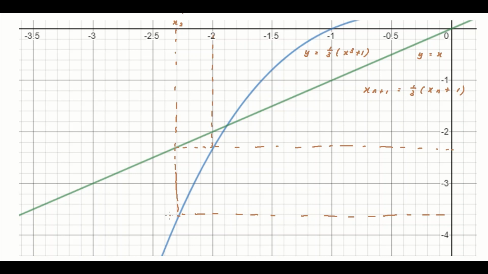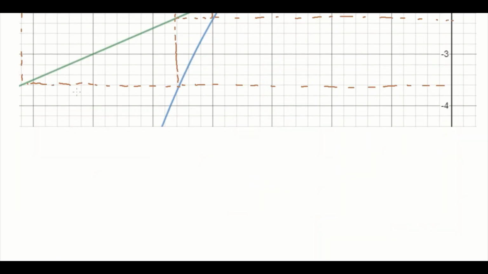I'll try to extend it again. Then this is how I get my next value, which gives me my next x3. If I want to continue with this, I might need to extend my curve over here. Then it dropped down to this and gave me a new y again, then I continue to do that.